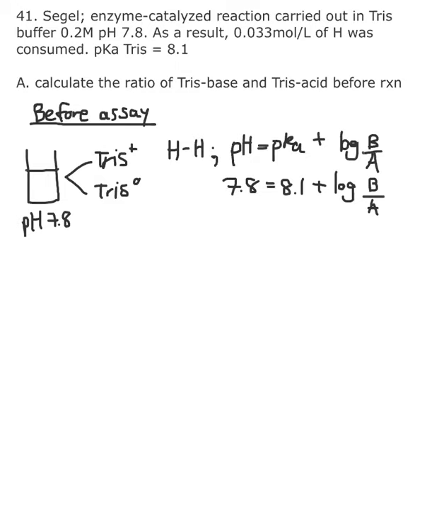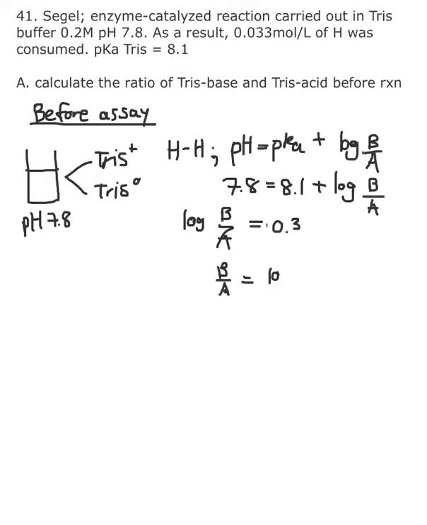For B first, I'm going to change A in terms of B. So you get log B over A equal to negative 0.3.